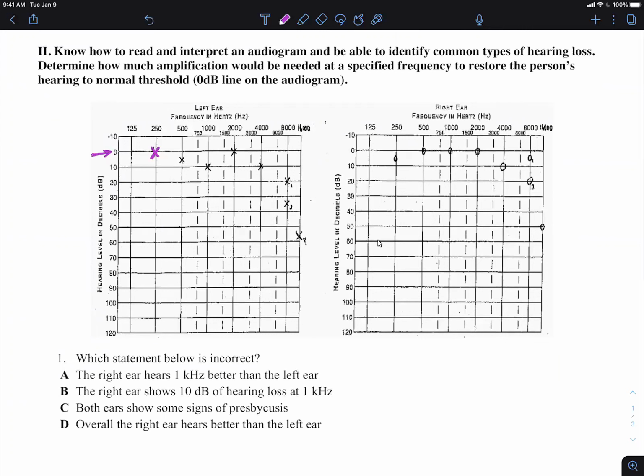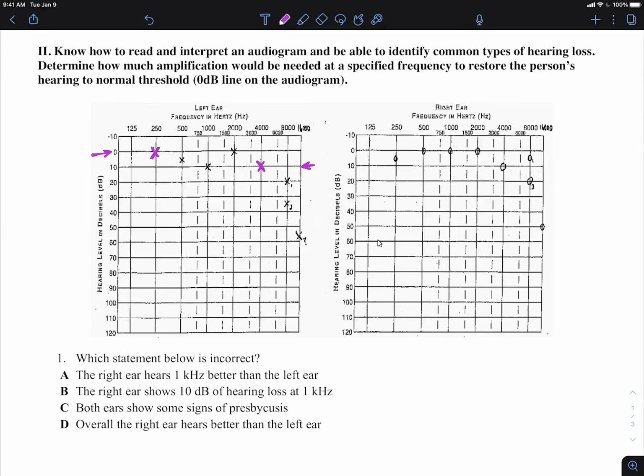So they have normal hearing at 250 hertz. So the frequencies are going across the top. Okay. But this X right here, they have is on the 10 decibel line. Okay. And so that means that there is 10 decibels of loss relative to normal hearing. So they need 10 decibels more of input level to the ear.